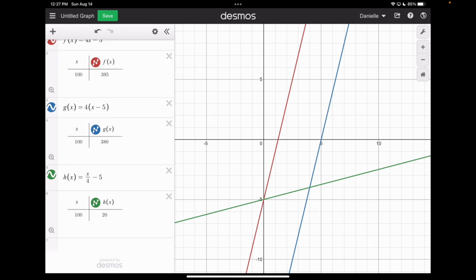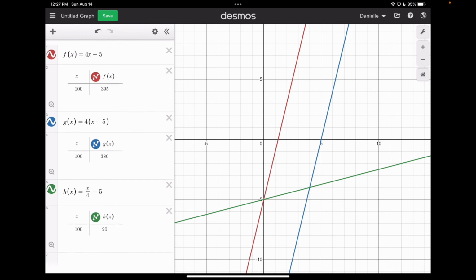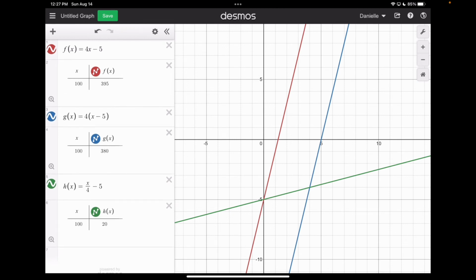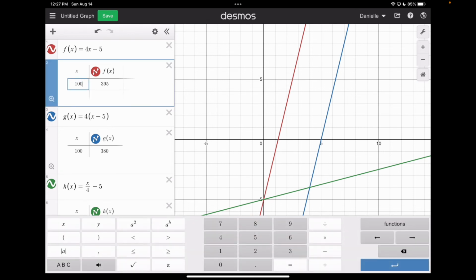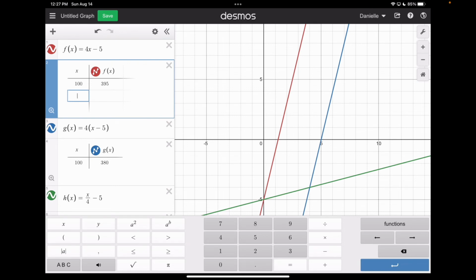That's because we're dividing, and dividing will make larger numbers smaller. And with g, we're actually subtracting before we multiply. So instead of just subtracting 5 from that 400, we actually subtracted 20.